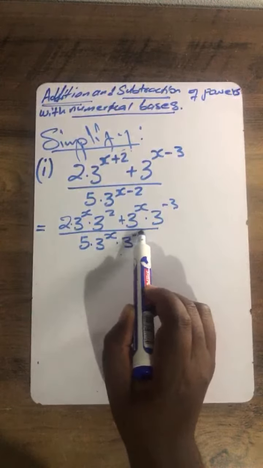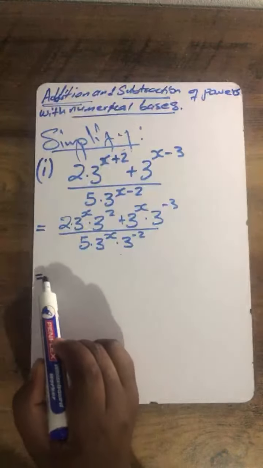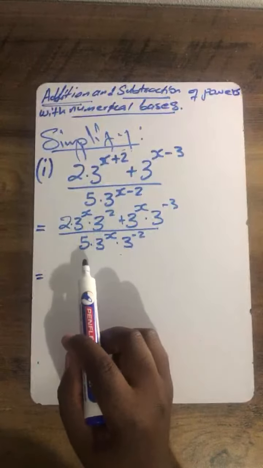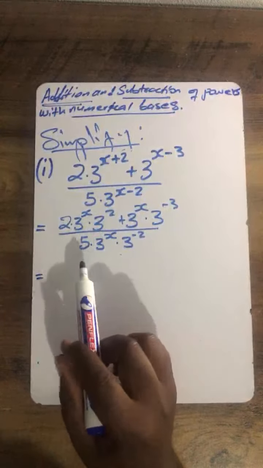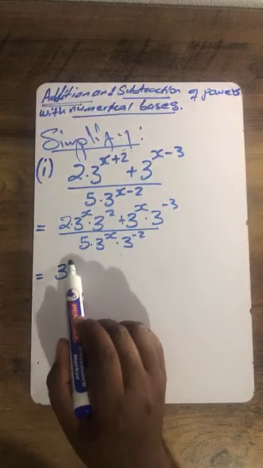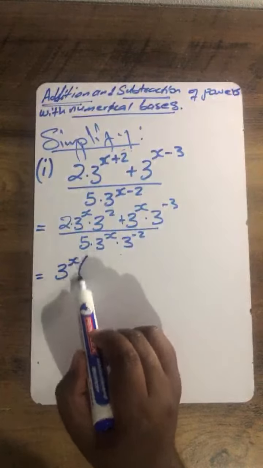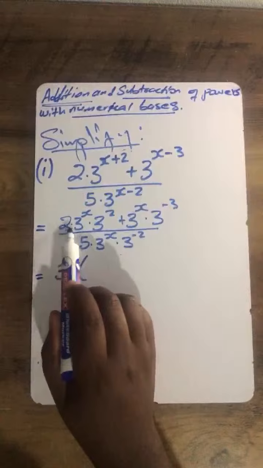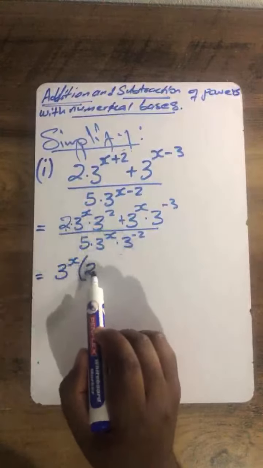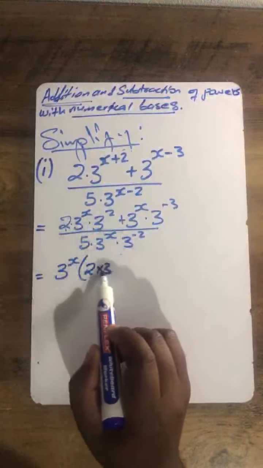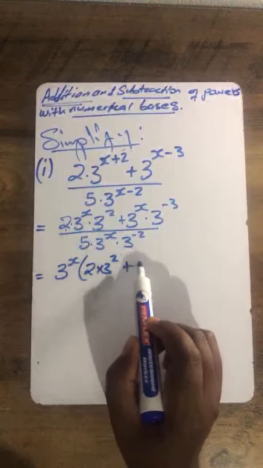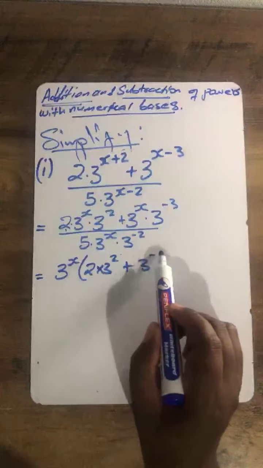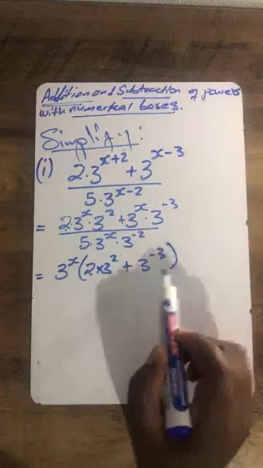Let's see, can we take out something as common factor? I think we can. If we take out that 3 to the that, we remain with 2 times 3 squared, plus 3 to the exponent negative 3.